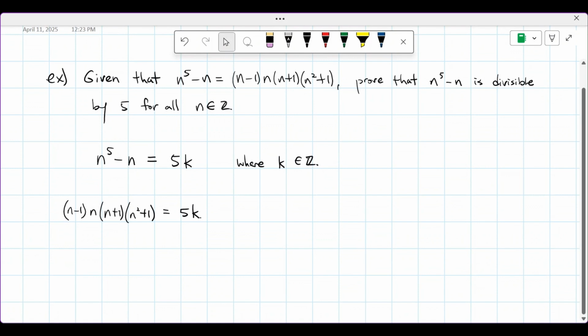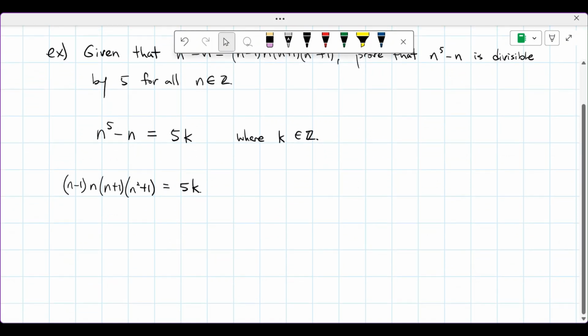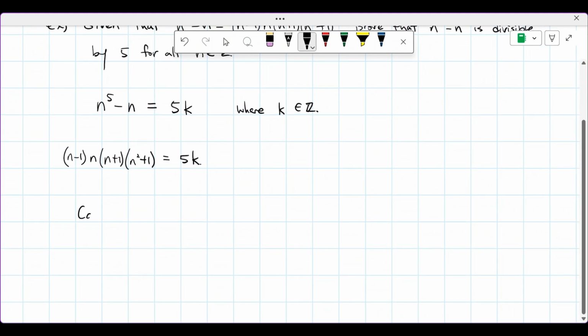Where can we approach from here? We could see that it's for all n. So I think we can put it into multiple cases where n is a multiple of 5, or maybe n plus 1 is a multiple of 5, or n minus 1 is a multiple of 5, and so on. Let's make sure that we meet all the cases here. So let's put it into multiple cases.